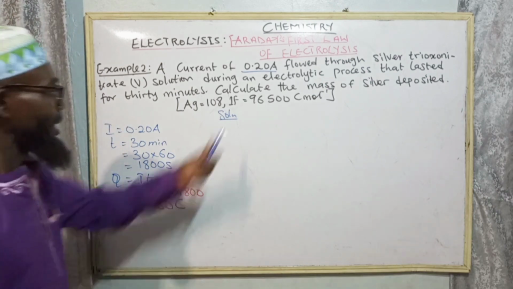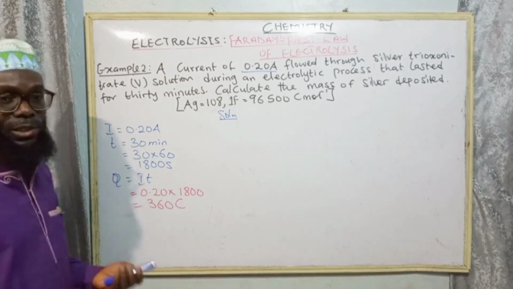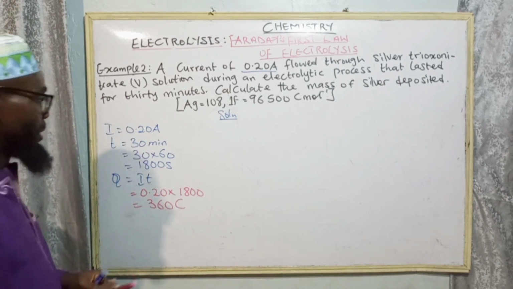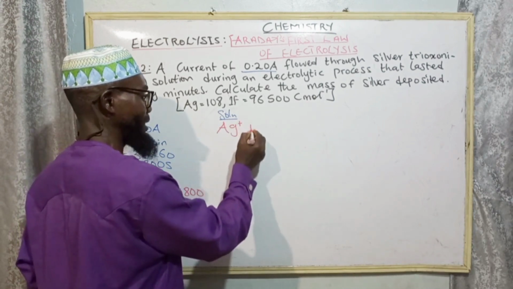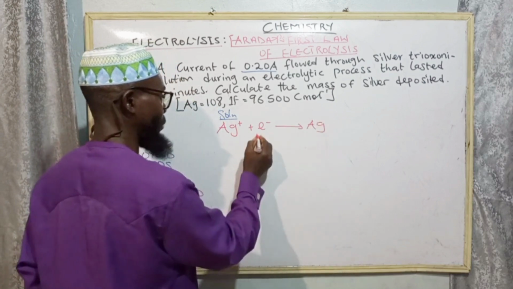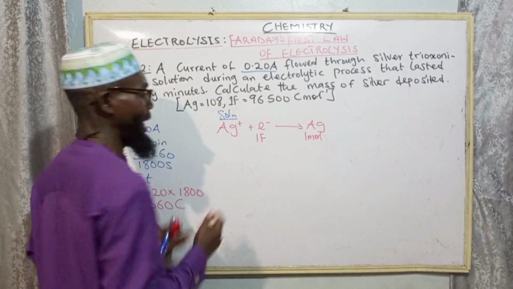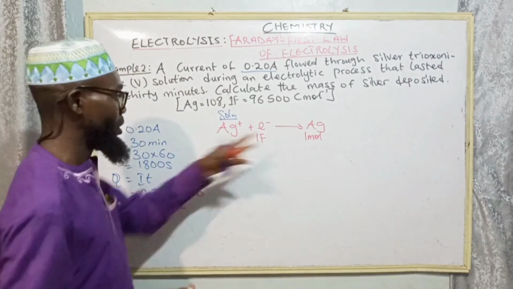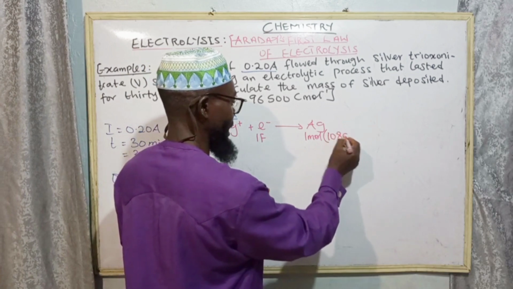Now, calculate the mass of silver deposited. Don't forget, we're dealing with silver(I) nitrate. Silver is Ag+, accepting 1 electron to give us Ag. So 1 Faraday here will give us 1 mole. But we are dealing with mass now. So this 1 mole equals the molar mass, which is 108 grams.